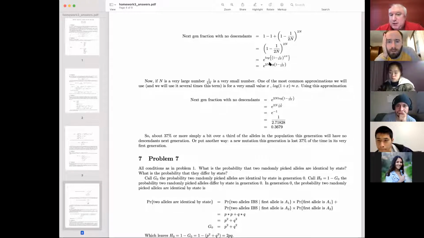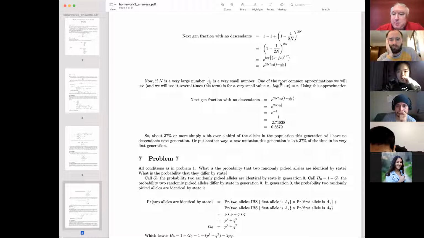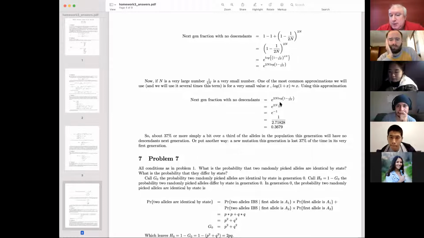So this is e to the 2n times the log of 1 minus 1 over 2n. And here I've simply used the Taylor expansion of a natural log, where I think we talked about this last time, the log of 1 plus x is very close to x for any small value of x. So this is now e to the -2n times 1 over 2n, this is what we had the line before. This is 1 plus a tiny little value x. So that's e to the -1, and there we go, the exact same answer.